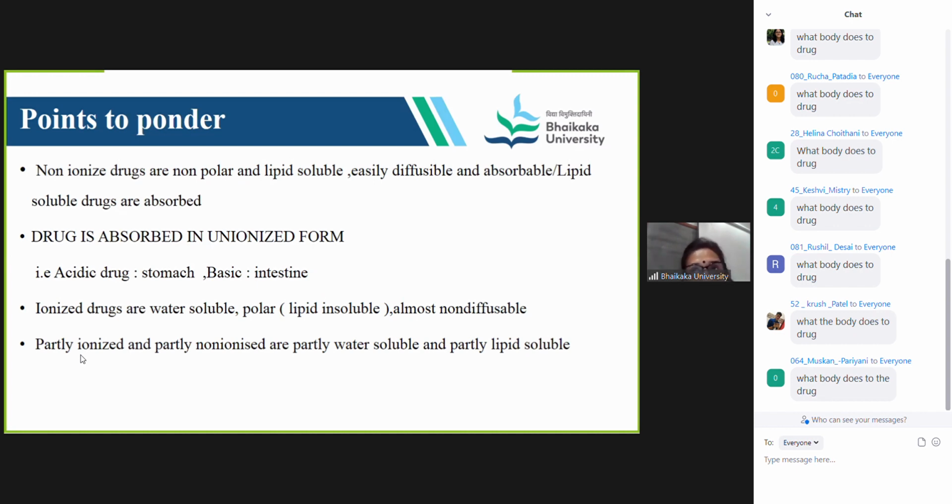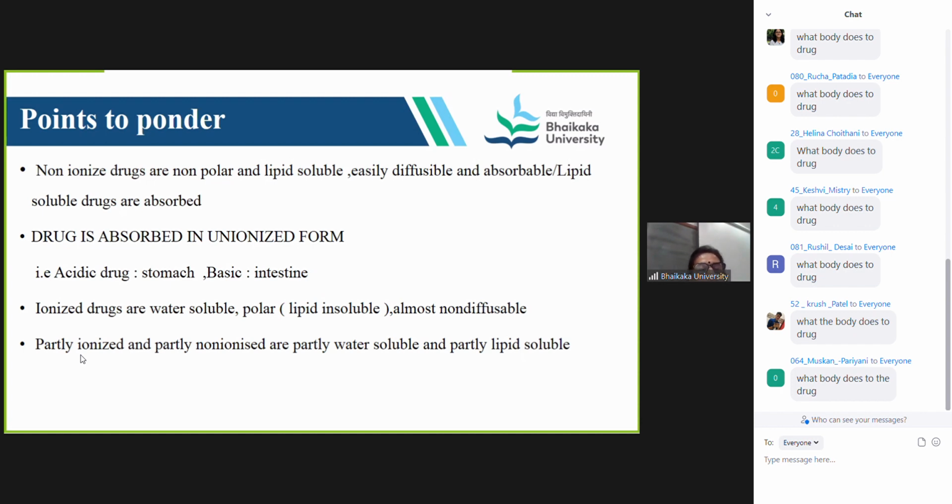So what will be the site of absorption of this drug? This acidic drug is unionized in an acidic medium, and in our body the acidic medium is the stomach. So an acidic drug will become unionized in the stomach, and it will be absorbed in unionized form.